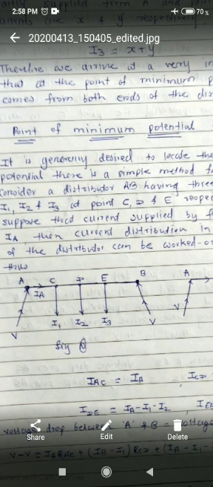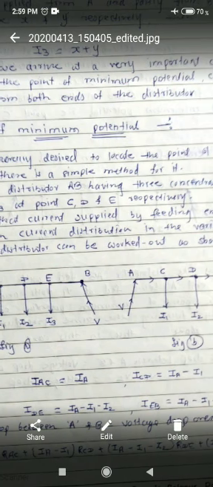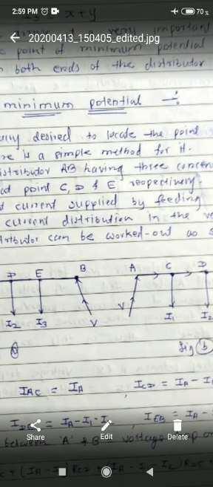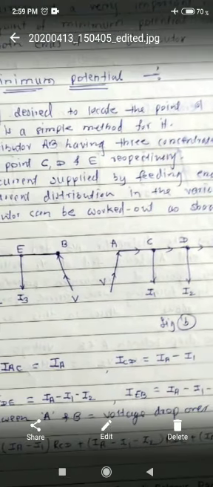So the current in the section CD is IA minus I1, and the current in the section DE is IA minus I1 minus I2.